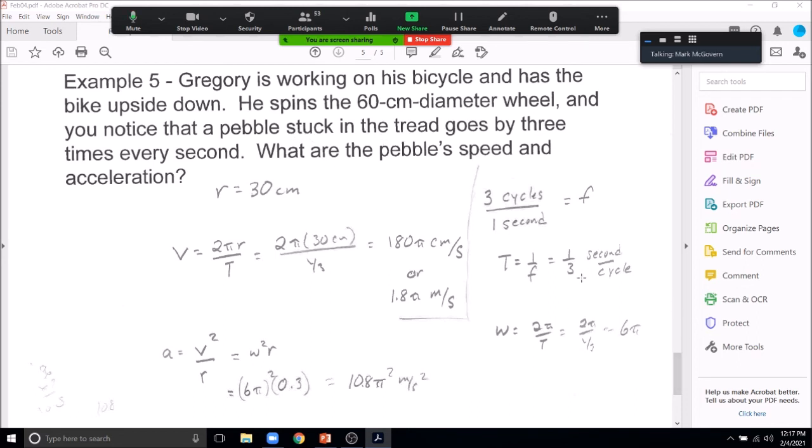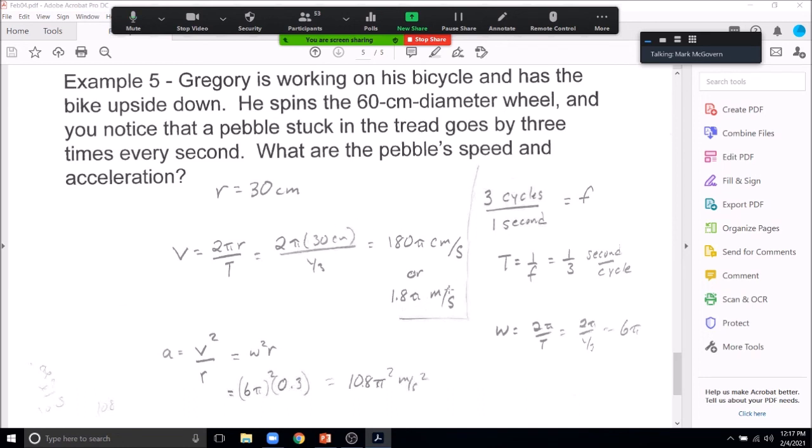So we can immediately determine the angular speed, 2 pi over T, which would be 6 pi. Then the velocity is given by 2 pi r over T. I want to know the pebble's speed, and I know the radius and I know the time. I end up getting 180 centimeters per second, or 1.8 pi meters per second.